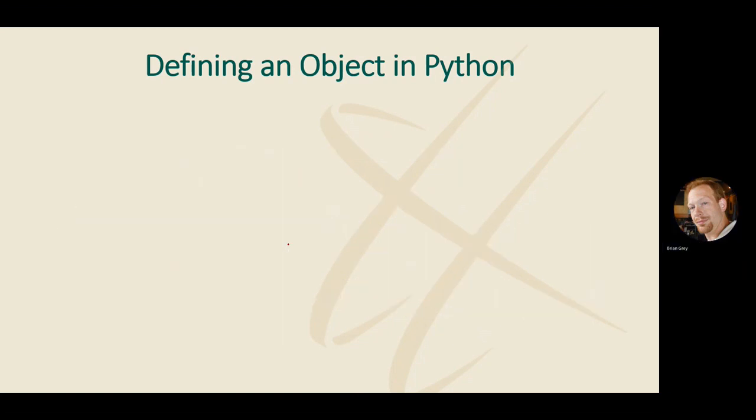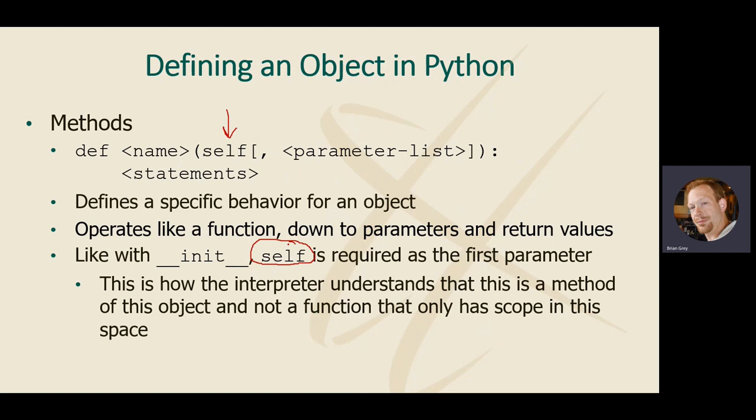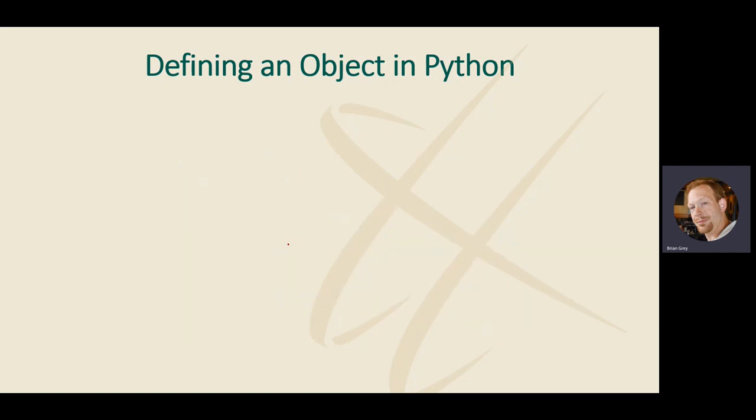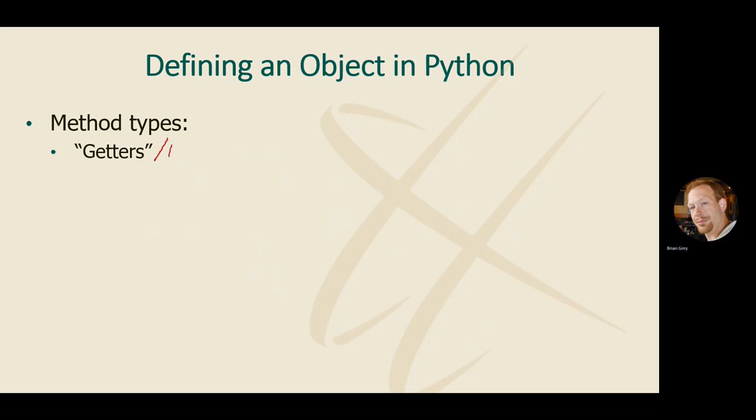So, as I said, methods. We tend to have a couple of broad classifications. So we're going to have different types of methods. The first one is called a getter. And because I come from a Java background, I will tell you that the other name for this is an accessor method.